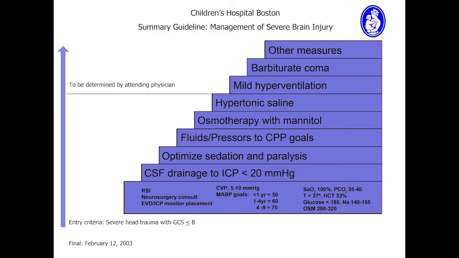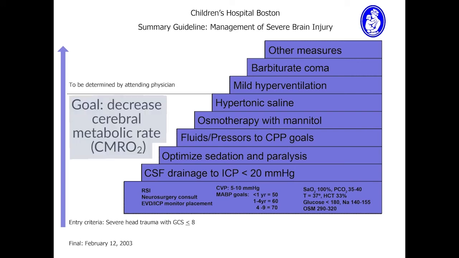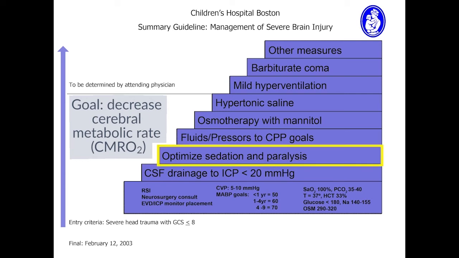The next thing to think about on our stepwise pyramid would be to think about things that are going to decrease the cerebral metabolic rate, or the amount of energy that the brain actually needs to function, and kind of keeping the brain at a very low level of functioning. And essentially what we would do is try to increase the amount of sedation that the patient is seeing, and potentially even think about things like neuromuscular blockade.